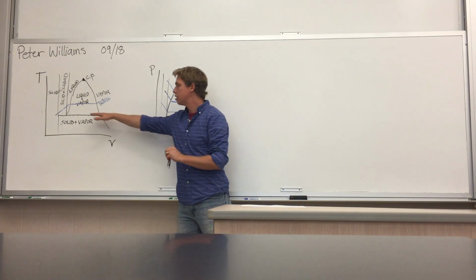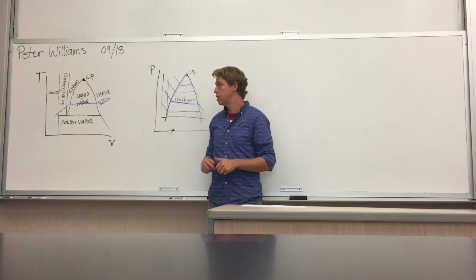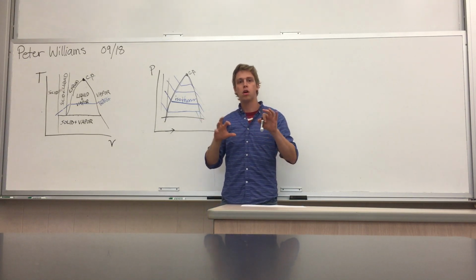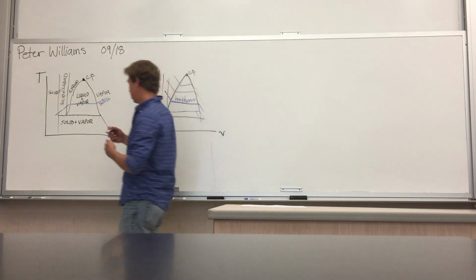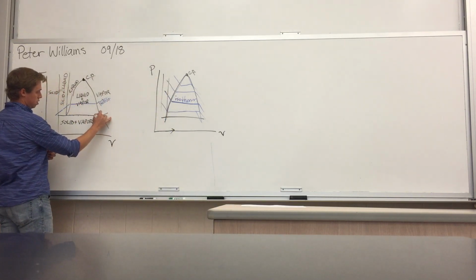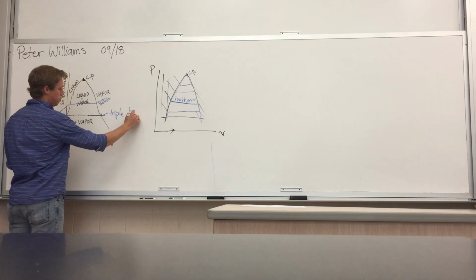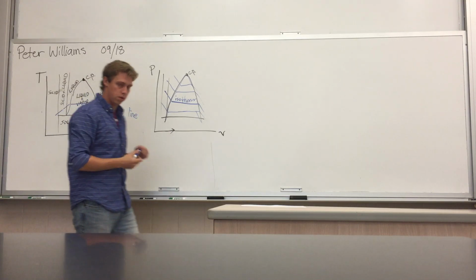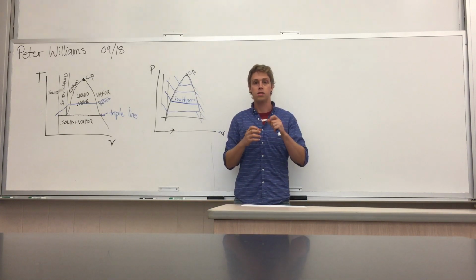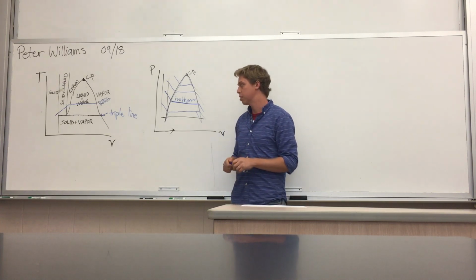So if your state is right on that line, you can be in any of those three regions. And because there's three phases that are all coexistent, this is called a triple line. Okay? So you can literally have a substance that some of it is solid, some of it is liquid, and some of it is vapor.